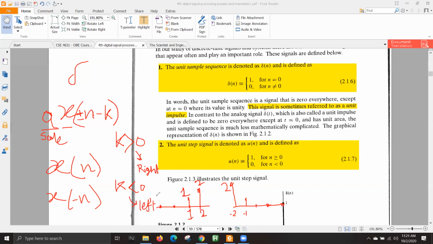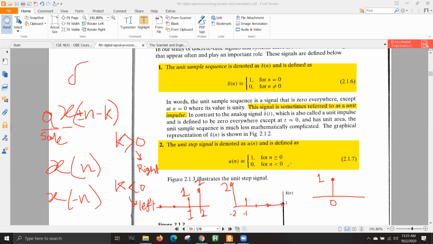Okay, so what do I mean by right shifting and left shifting? If the initial signal x[n] is, suppose, a unit impulse in the 0th position, where you have 1, then x[n] is the unit impulse.